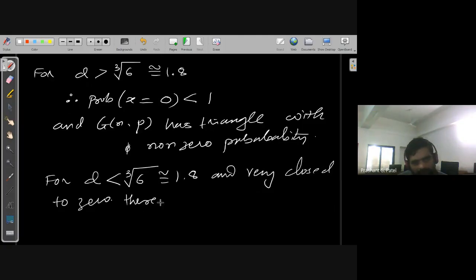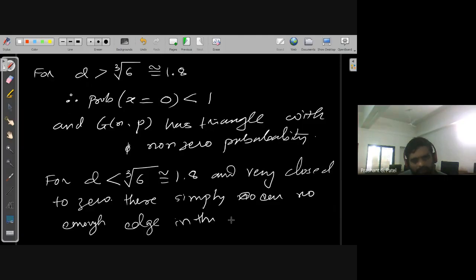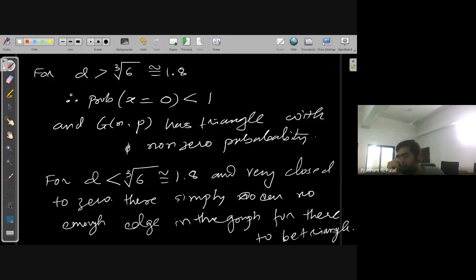There are simply no enough edges in the graph for there to be a triangle. So that is the conclusion we can make out of this.